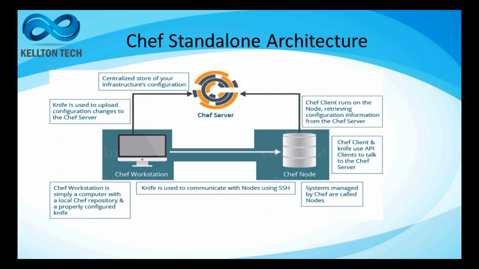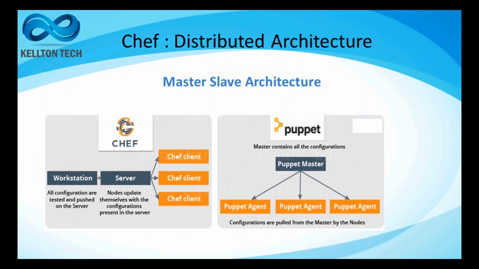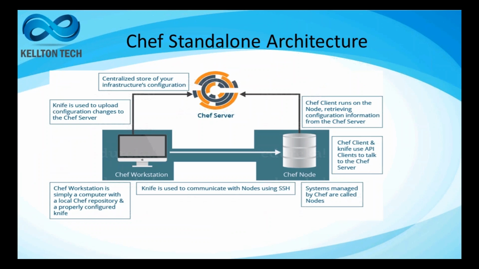The workstation consists of a command line tool called knife, which is used to interact with the Chef server and the nodes. We can use the Chef workstation to write cookbooks and recipes, and push them to the Chef server.